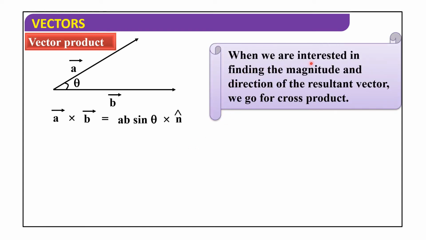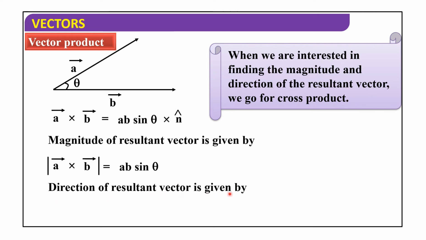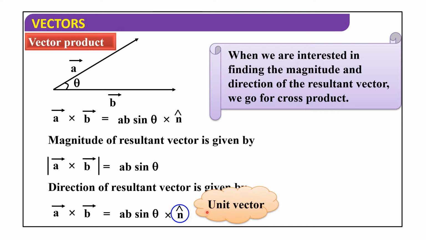When we are interested in finding the magnitude and direction of the resultant vector, we go for cross product. So the magnitude of the resultant vector is given by modulus of A bar cross B bar equal to AB sin theta. Direction of the resultant vector is given by n cap, which is a unit vector.